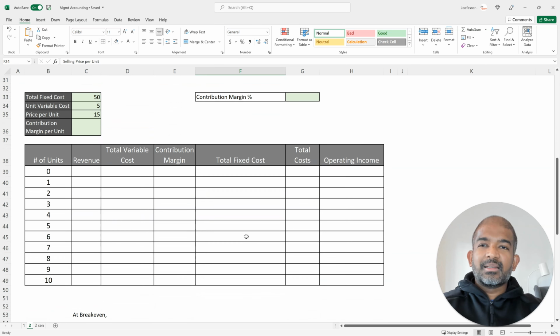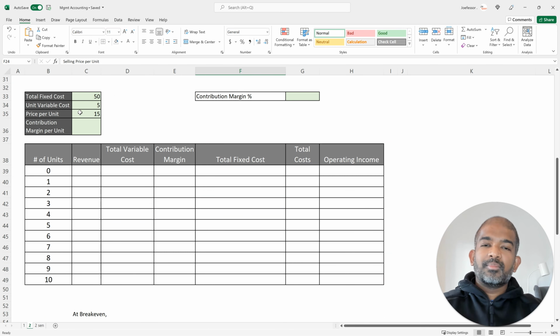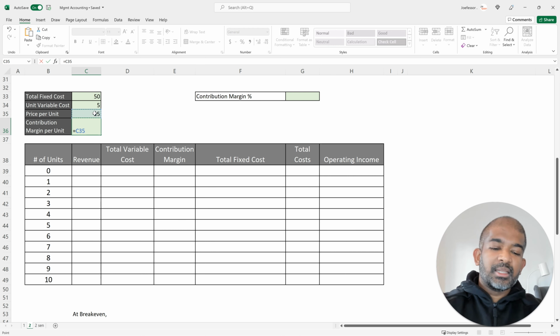Okay, let's consider a hypothetical situation. Let's assume that the total fixed cost in a production process is $50. Okay, the unit variable cost of producing each unit is $5. Let's say we can sell the final product for $15 per unit. Okay, so what's the contribution margin per unit here? It's basically the price of each unit, and you deduct from that the variable cost.